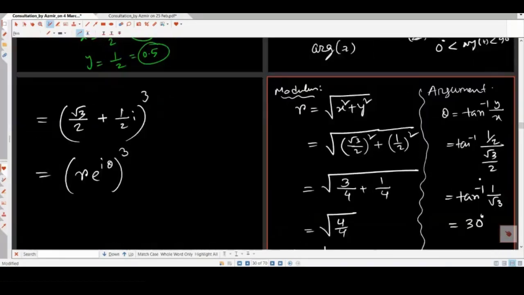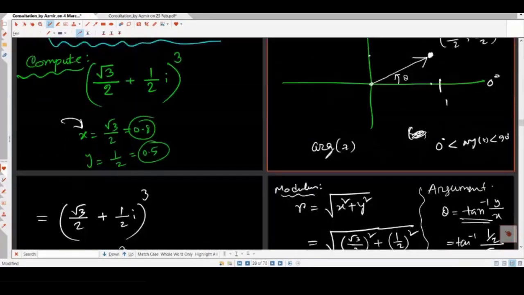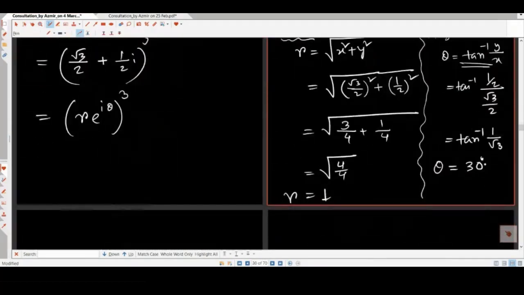So the angle found from this calculation is 30 degrees, and let's check it against the assumption we made. Yes, the angle is between 0 degrees and 90 degrees, so it is okay. Now we need to convert the degree form to radian form, so it is pi over 6.